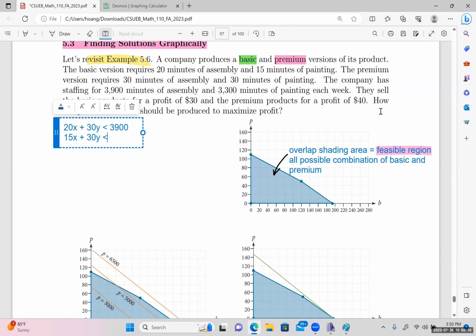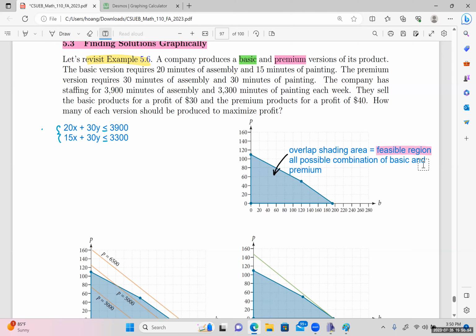I put the equal sign in later. This needs a curly bracket, and the solution of this system is the shaded area over there.